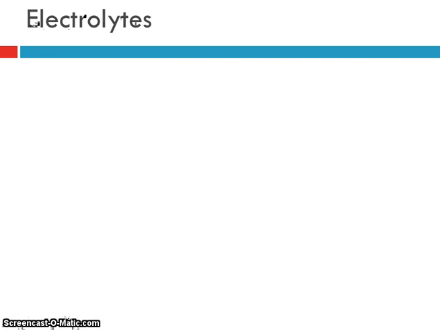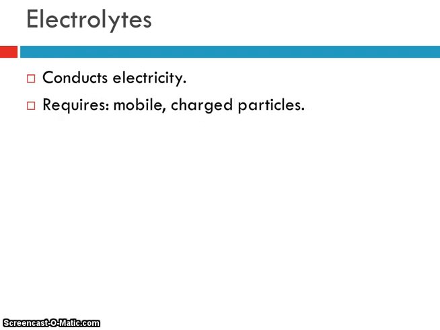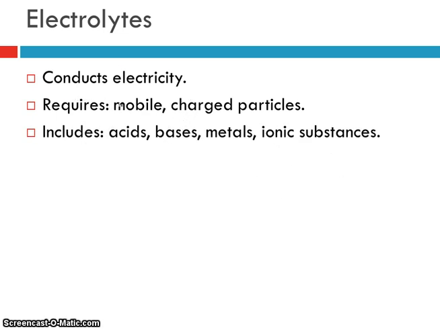Electrolytes. Now, I know you guys have heard of this word before, electrolytes. They conduct electricity. Electrolytes, electricity. Now, they require charged particles, and we'll go a little bit more in depth on them in class, but they include your acids, your bases, your metals, your ionic substances.